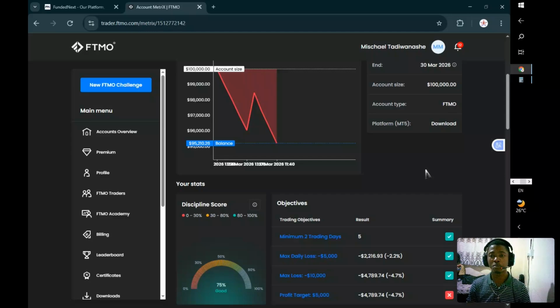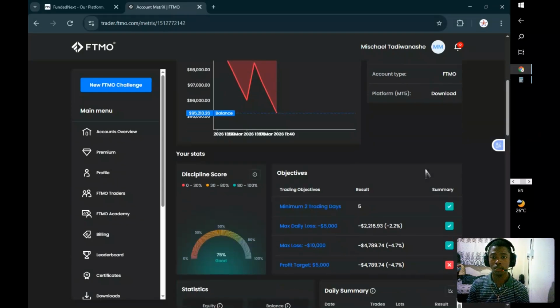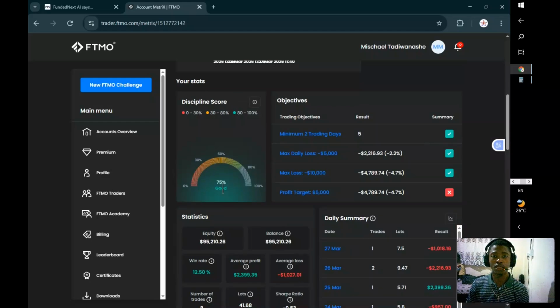So my best performing trades will be most of the time the ones that I want to set and forget. And as you can see, this one is a failed one. But look at the discipline score. The discipline score is 75%, which is good.